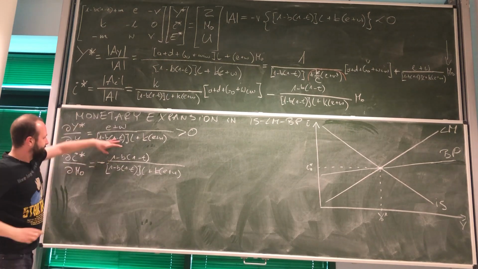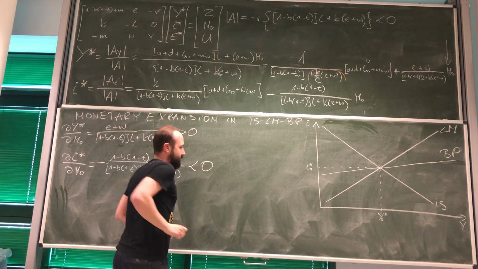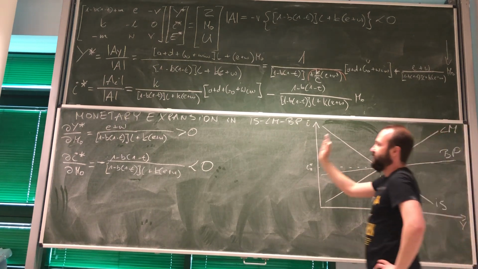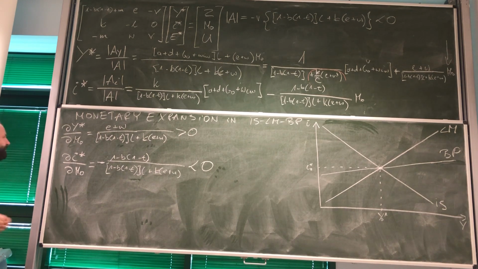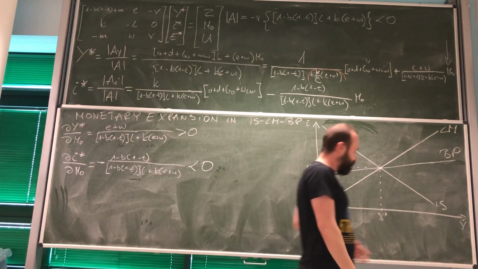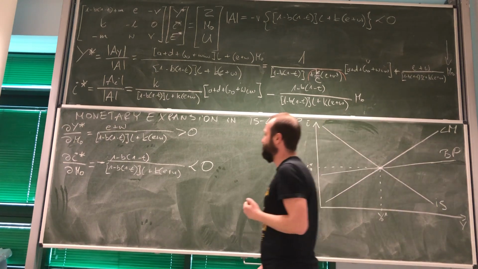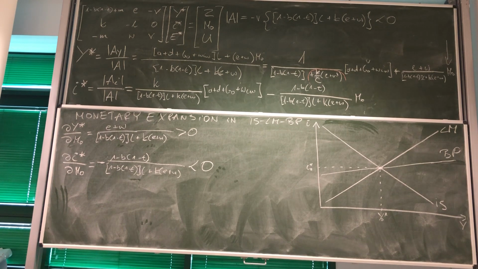And we clearly see that this is between 0 and 1, this is positive, we've got minus up front, and we have a negative expression as a result. So look, what we've learned from this is that once we open the economy, still the effect of monetary policy is more or less the same as in case of closed economy. So the outcome of increased money supply is higher GDP and lower interest rate.